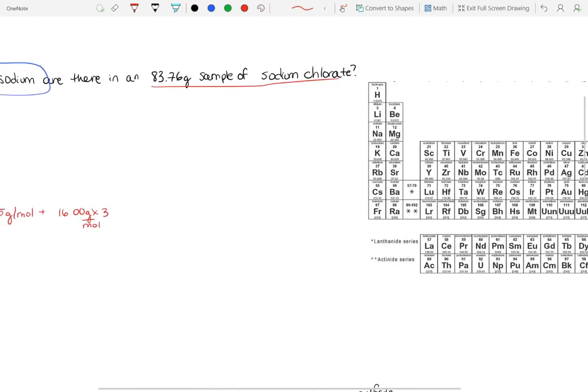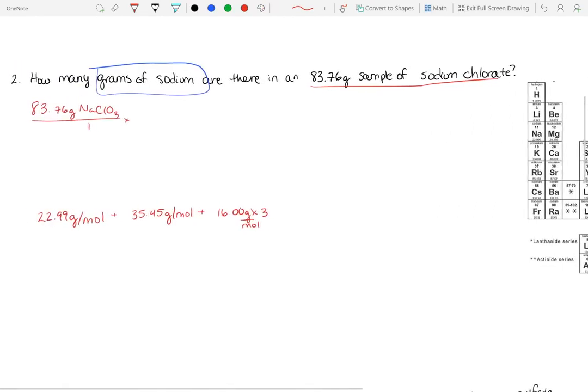Some of these you see over and over again, and you should do enough practice to the point where you start memorizing them subconsciously. But anyways, 22.99 plus 35.45 plus 16 times 3 is equal to 106.44.